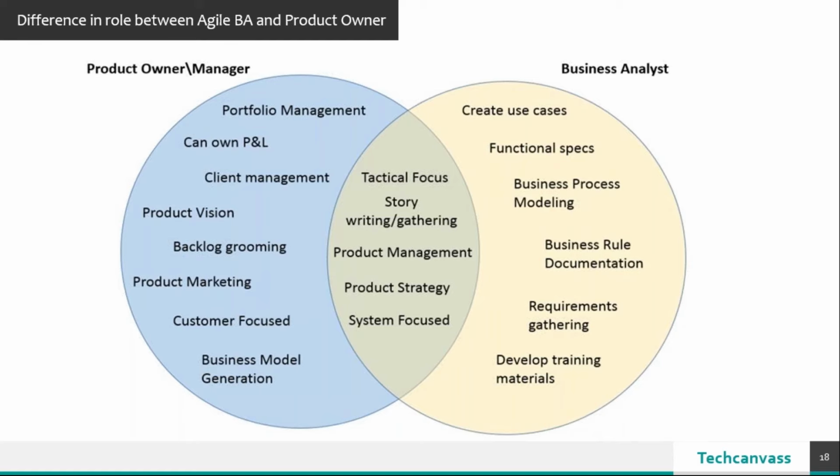So it depends upon how big the product is. If you're dealing with a huge product like Netflix or Apple, wherein different product teams work on one vast product, you might have a product manager on top to oversee the revenue and marketing stuff.